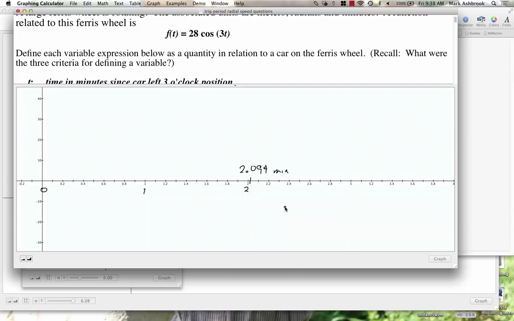Alexis, what should I do with that 2.094 to give us some more reference points here? Divide by 4, okay? And what do you get when you divide by 4? 0.52? 0.523.